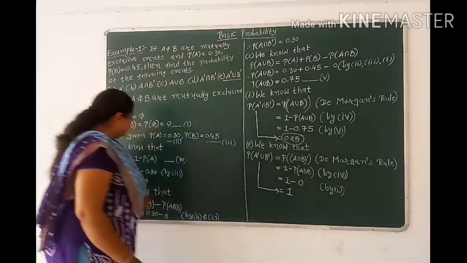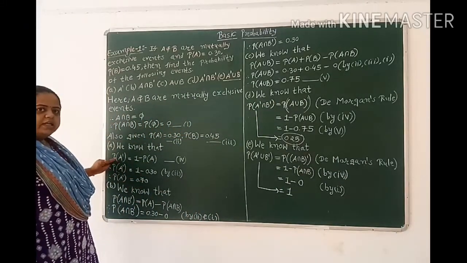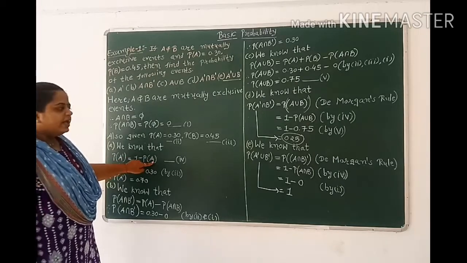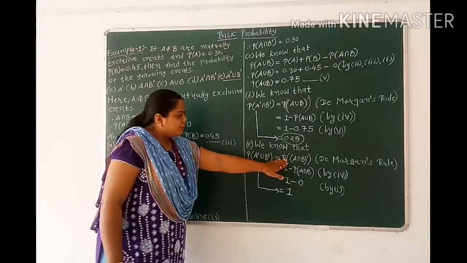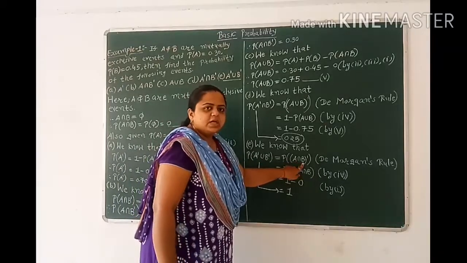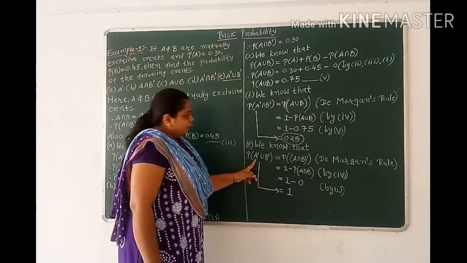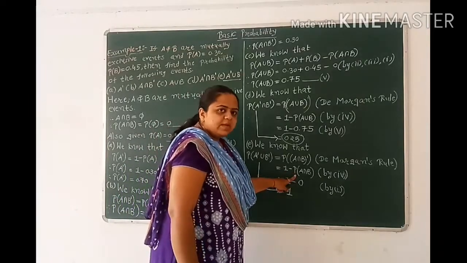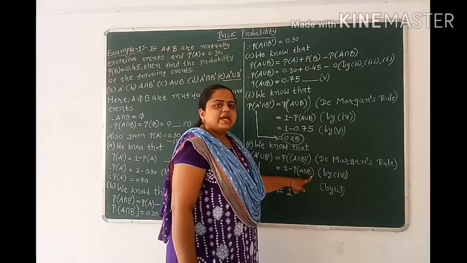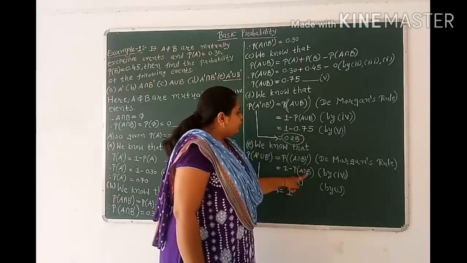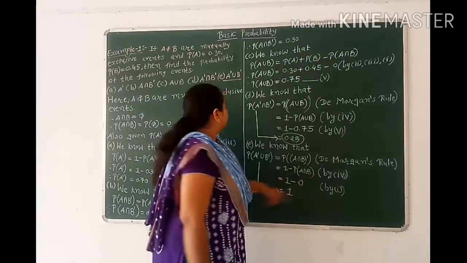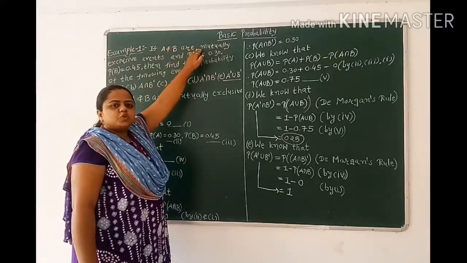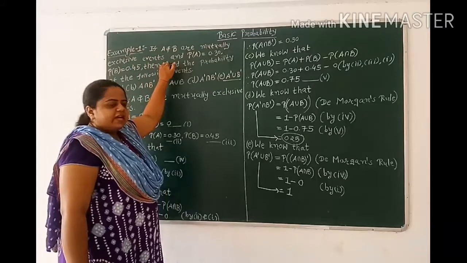But by theorem, we know that probability of A dash equals 1 minus probability of A. Here in place of A, we have A intersection B. So probability of A dash union B dash equals 1 minus probability of A intersection B. And probability of A intersection B equals 0 because A and B are mutually exclusive events.